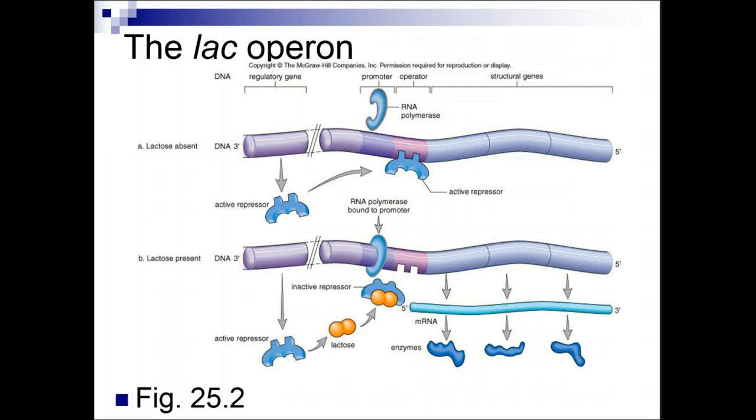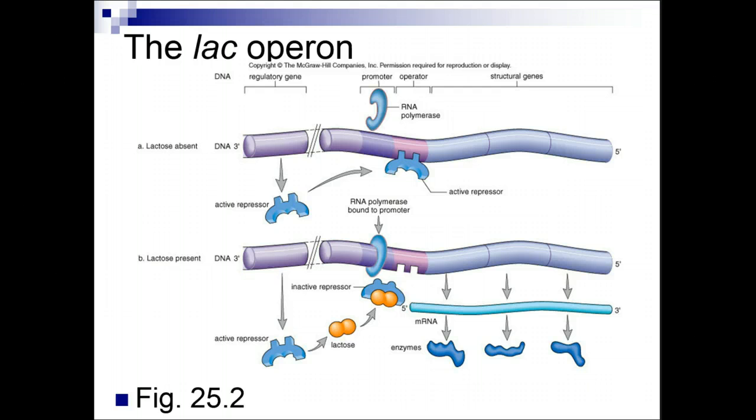Without the repressor at the operator, RNA polymerase is able to reach the promoter and begins transcription of the genes necessary for metabolizing lactose. When all of the lactose is gone, then no lactose will be binding the repressor. The repressor will assume its normal shape and then begin blocking the transcription again.